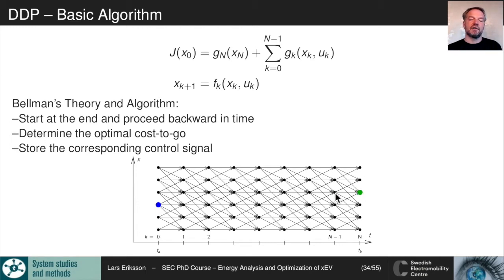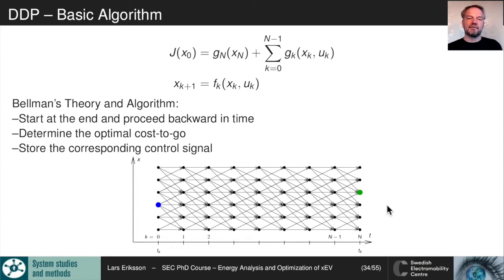And for this is the same, and for this is the same, and for that is also the same. But in these cases, the cost might be zero for these points also, so it might be better to just go straight over here. But this is an infeasible point, so this will not be available. So now we know that this guy is the lowest, and these are not feasible here, because with these we cannot get all the way up to that desired point when we have this network problem.